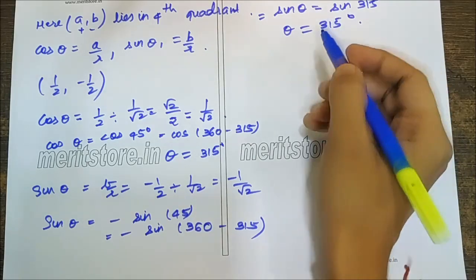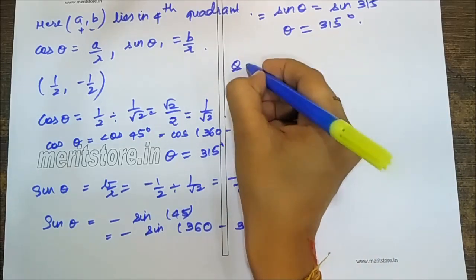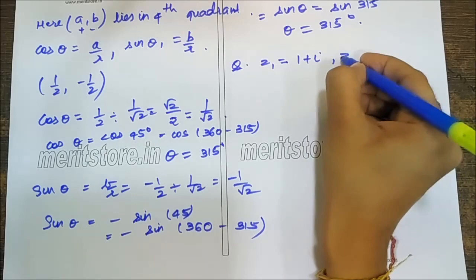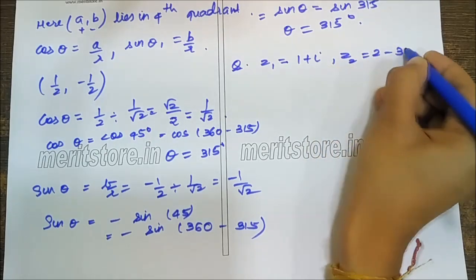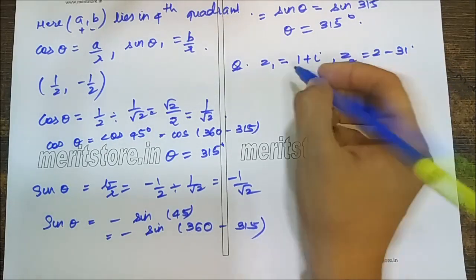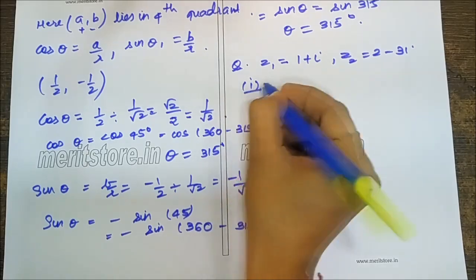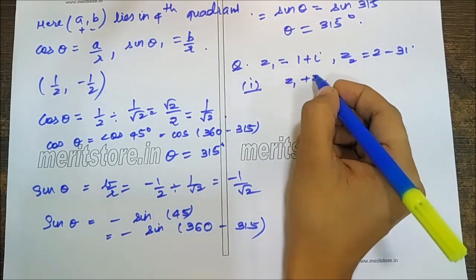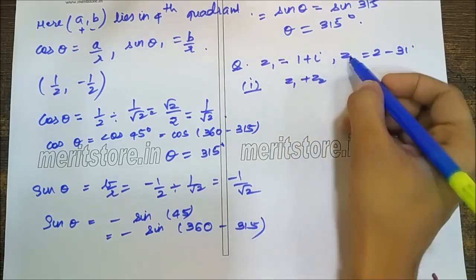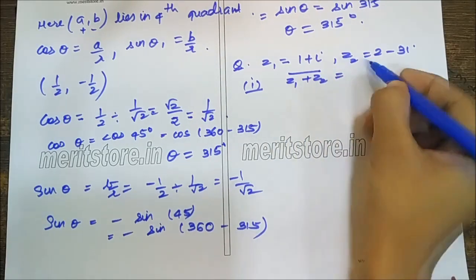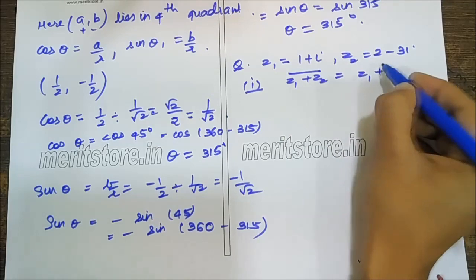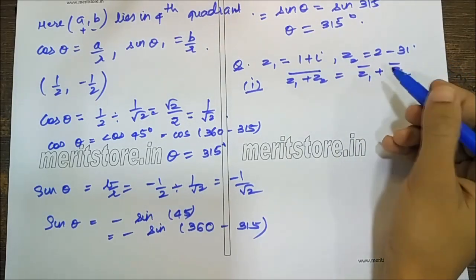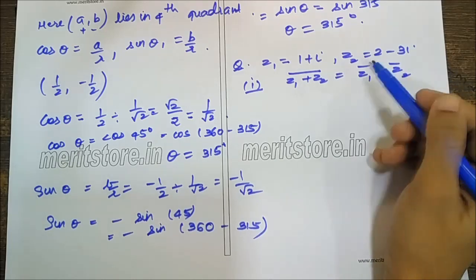Next, we have to find certain values. Let's say z1 is equal to 1 plus i, z2 is equal to 2 minus 3i. We have to find z1 plus z2 with its modulus, and individual z1 and z2 with its modulus, but we will add both of them.